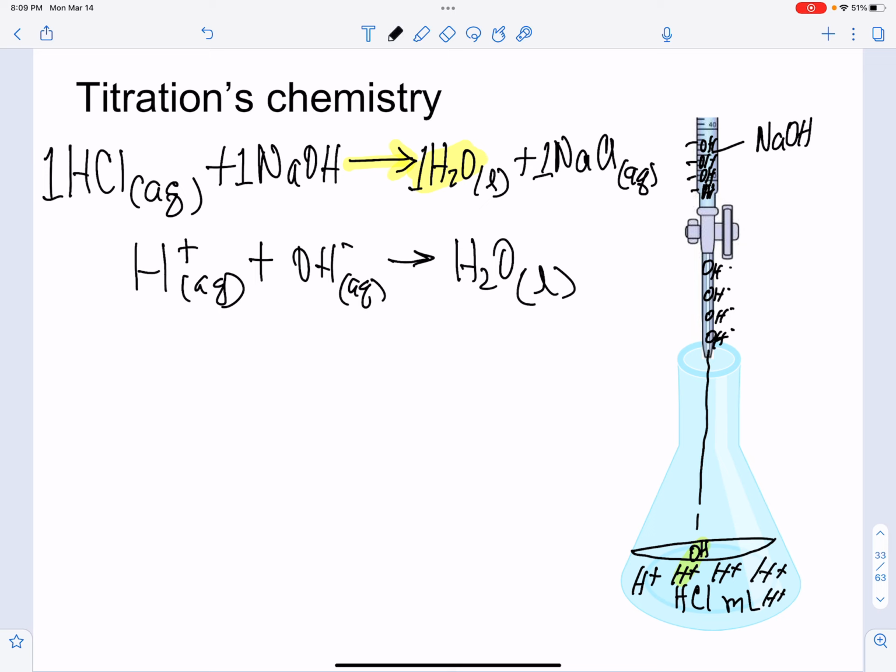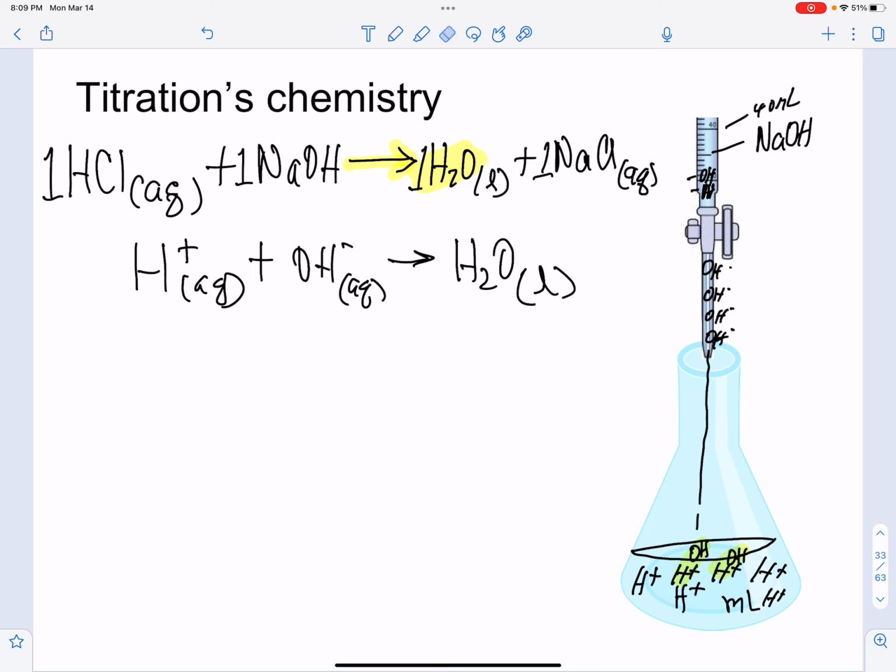And as you do that, as you already know, the volume begins to come down. So we began at 40 milliliters. We continue adding hydroxide, which is coming out of the bottom, right? And that combines with the H plus to give you another water. And we continue doing that until all of the acid is gone.